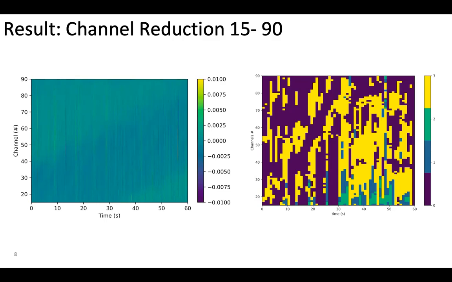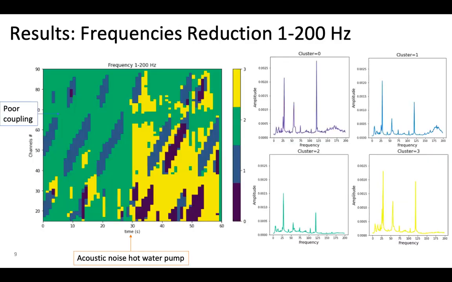Here, the channels, which are a total of 100, were reduced to only the channels between 15 and 90, which is narrowed to our area of interest. Furthermore, the frequencies were reduced to between 1 and 200 Hz, as this range had been previously discussed in the Titov et al. 2020 paper, indicative of significant observations.